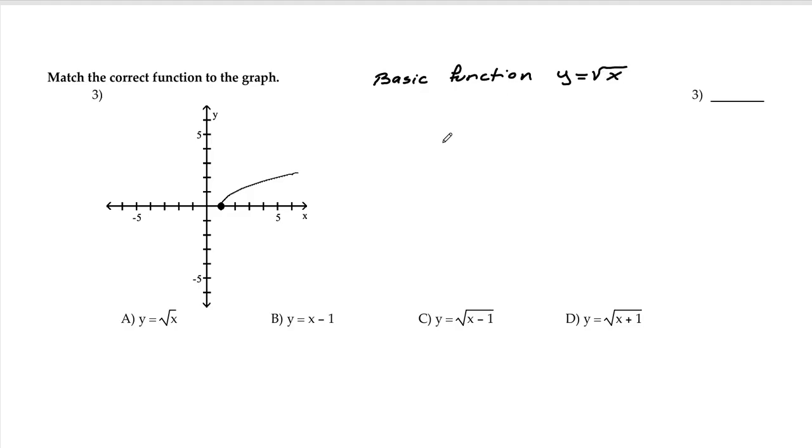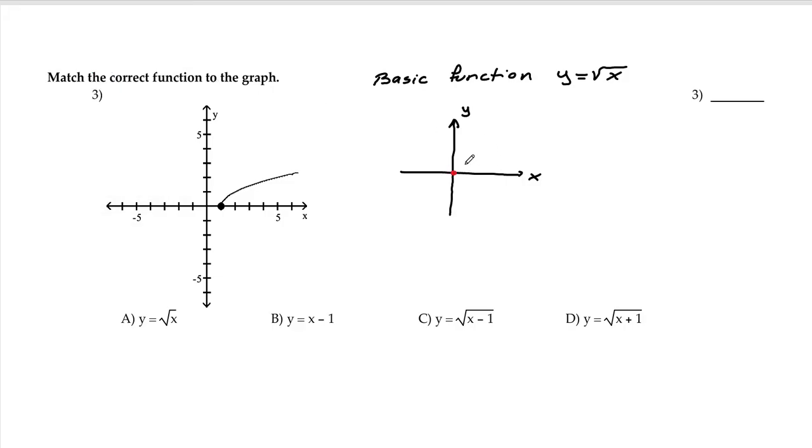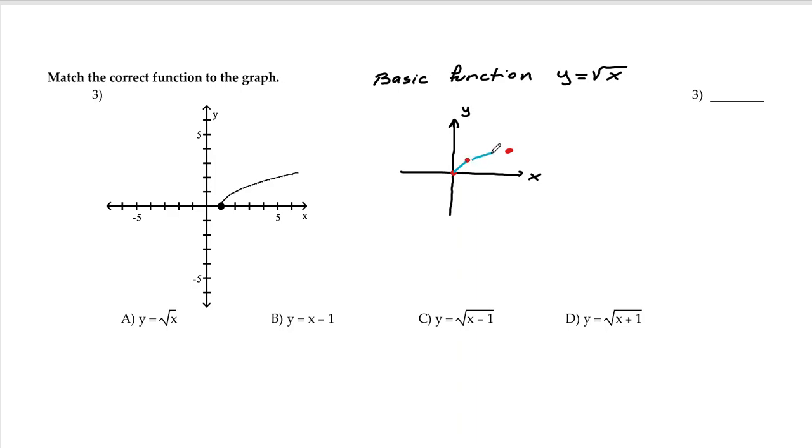If you remember from the class, that function is passing through the point 0, 0, the point 1, 1, and the point 4, 2. So the graph of square root of x looks like this. This is y equals the square root of x, right?